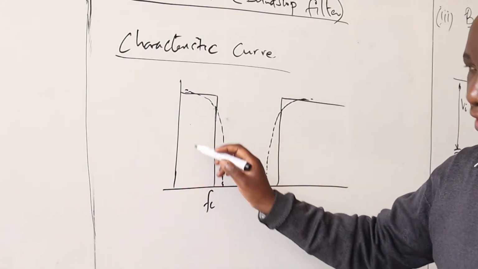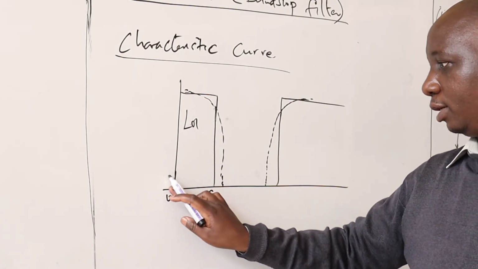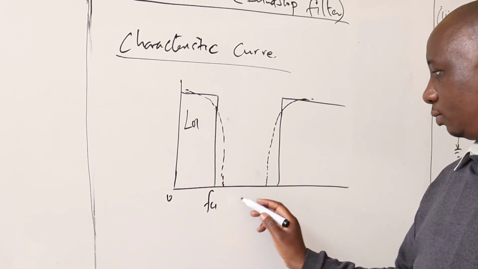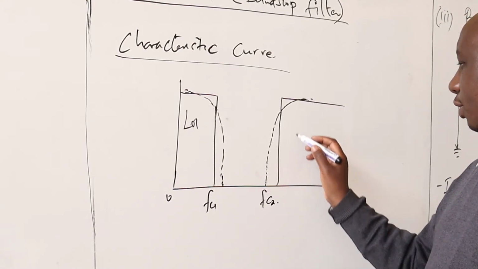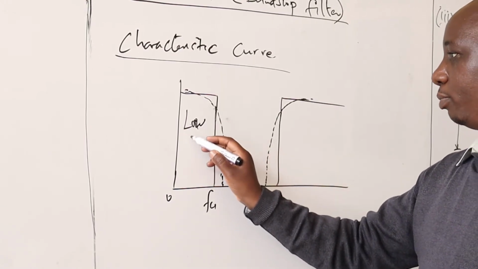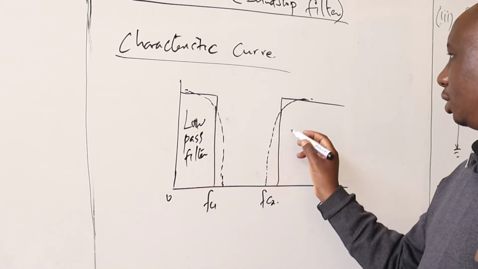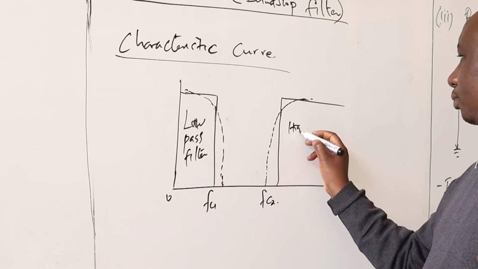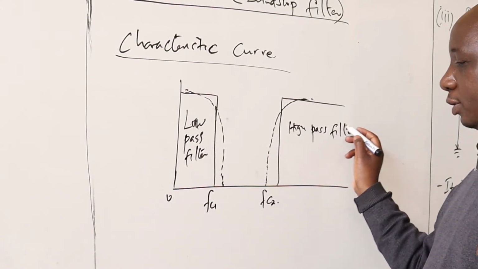So we shall have here a low pass filter because we are passing frequencies between the lower end up to FC1, and this is FC2. This now becomes the low pass filter, and this is the high pass filter.